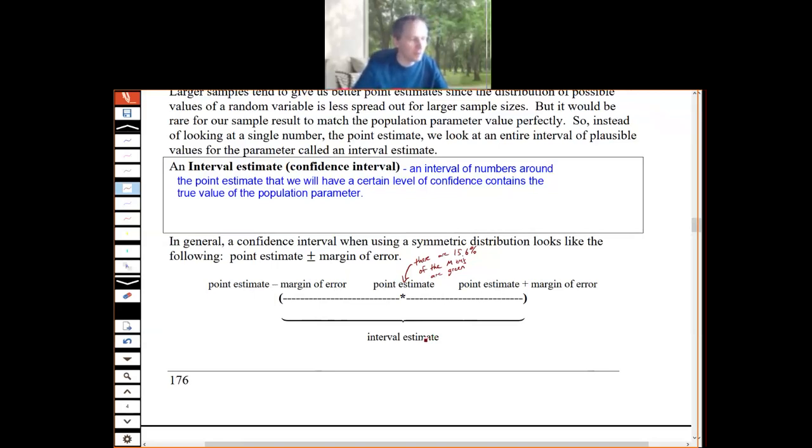Instead of having just a point estimate, we might also be able to construct an interval estimate. Let me just grab some numbers here real quickly.